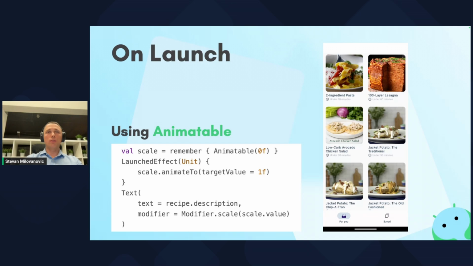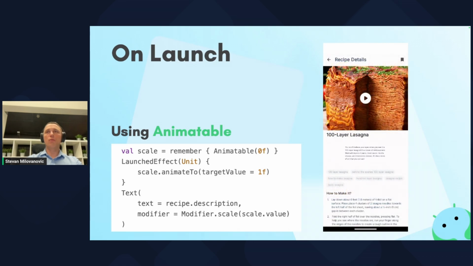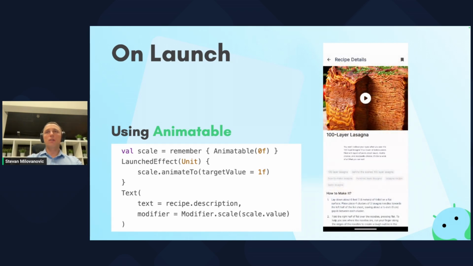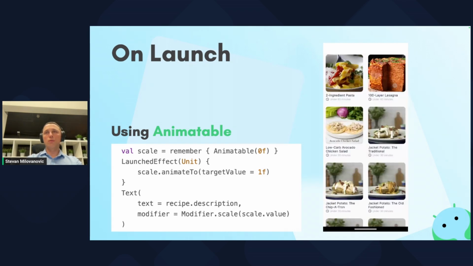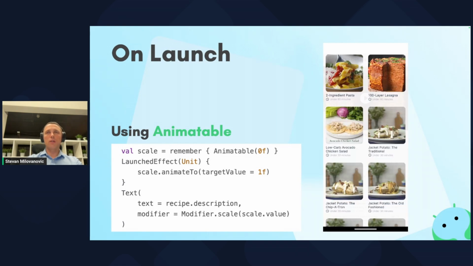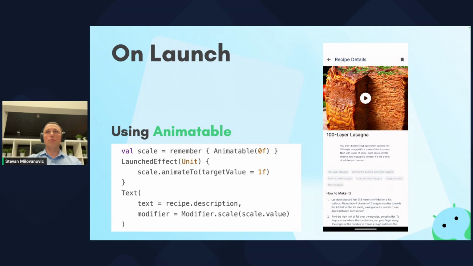Here you can also see that by using Animatable, we again avoided using the graphics layer. So now we can use that state directly to assign it to a modifier. And here you can see how that animation looks. Basically, it's most commonly used to start some animation right after a composable is composed.